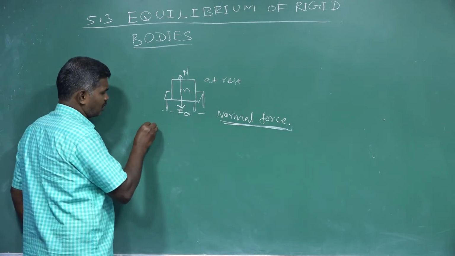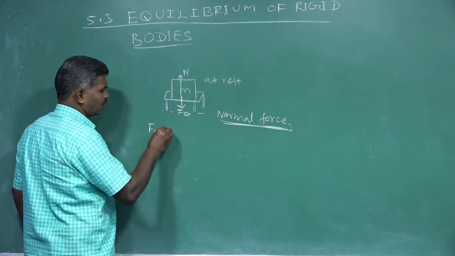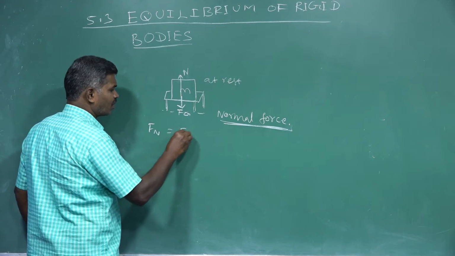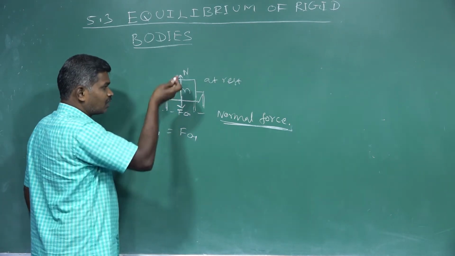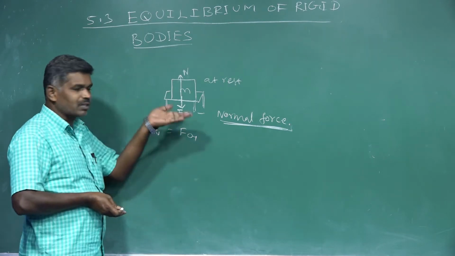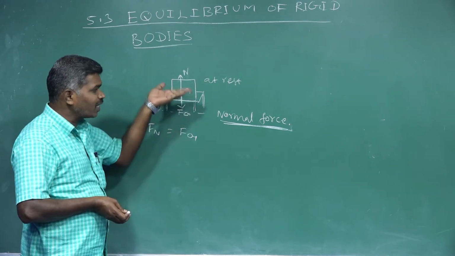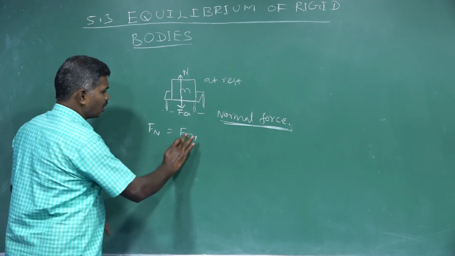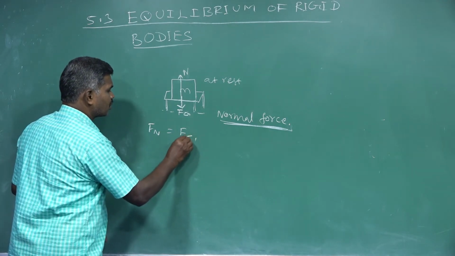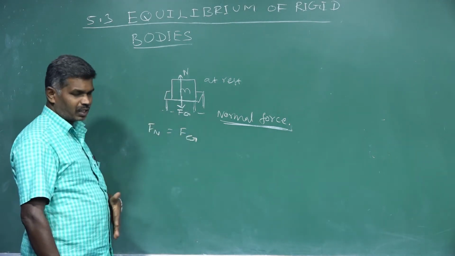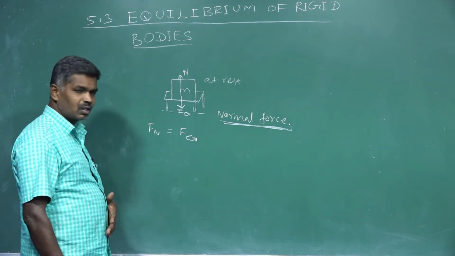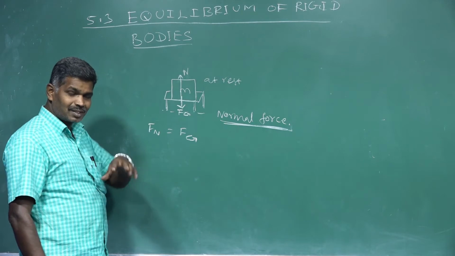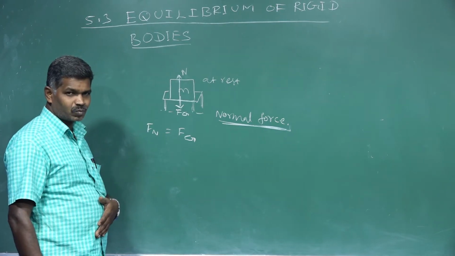Here Fn is equal to Fg. The normal force acts on the object from the table surface in the upward direction, but the gravitational force acts in the downward direction. Magnitude wise, these two forces are equal, but they are vector quantities.